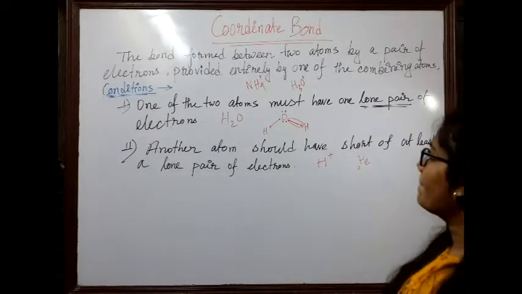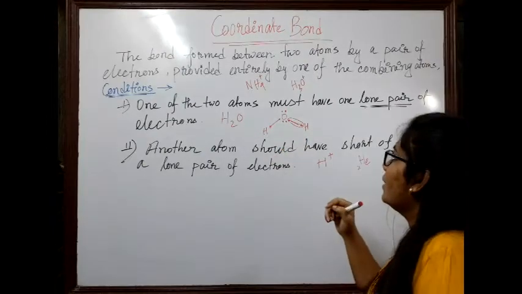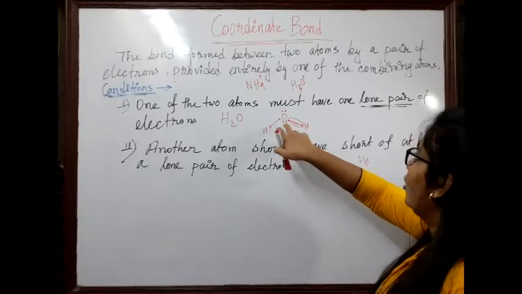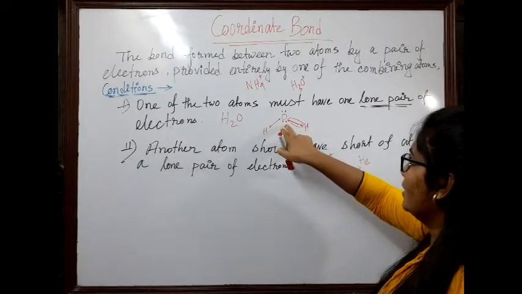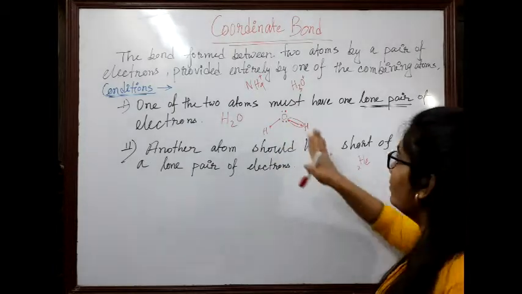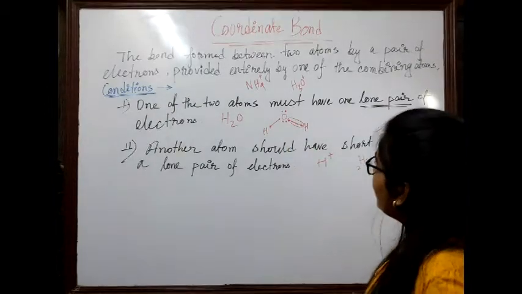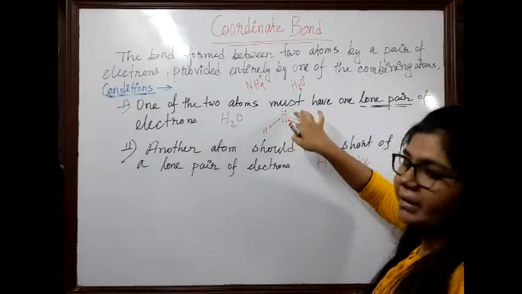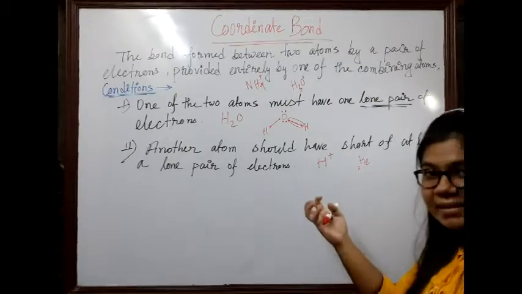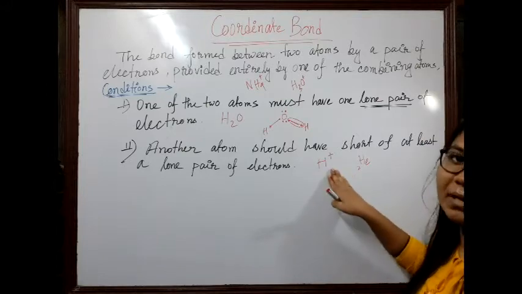Another thing, here if we see this example, the oxygen molecule has a lone pair. Okay, oxygen is giving the electrons to H plus to form H3O plus, and here we can call this oxygen atom the donor atom, and the H plus ion, which is accepting the lone pair, can be called the acceptor atom.